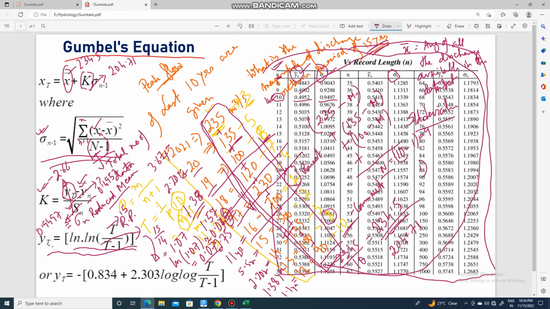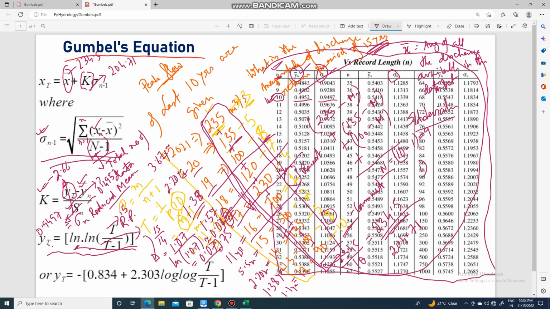So what we do, this is the expression log normal of log normal T by T minus 1. T is the return period. In this case, 15 is the value of return period because I want to know the magnitude of the discharge for an event which has a return period of 15 years as per the question. So T is 15, T minus 1 will be 14. So log normal of 15 by 14, that is 1.07.